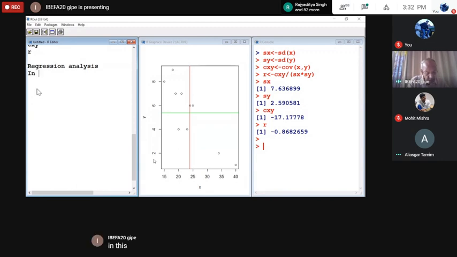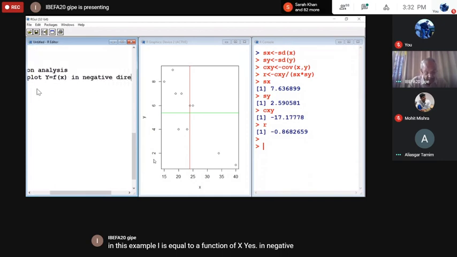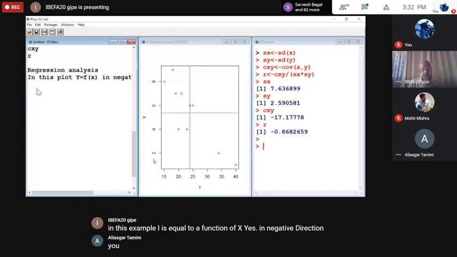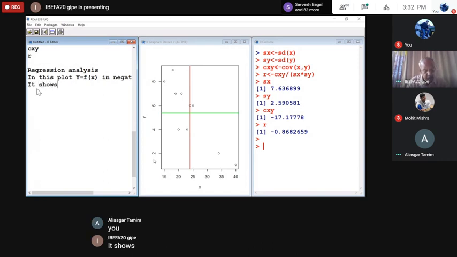In this example, y is a function of x, in negative direction. It shows a negative trend.